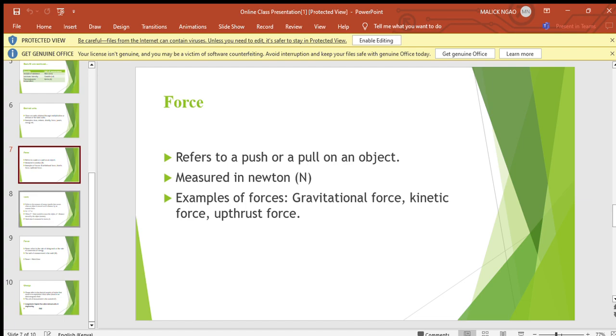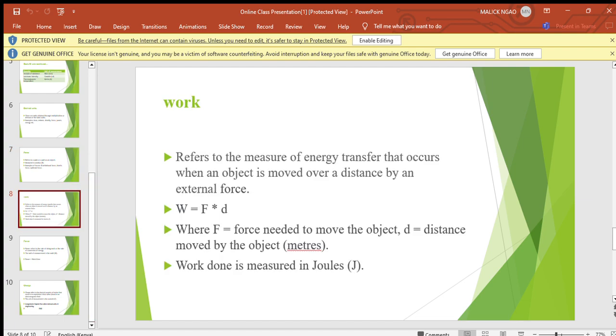Then another example of derived unit is the work. If you want to define the work, then you normally define it as the measure of energy transfer that occurs when an object is moved over a distance by an external force. So from the work we can see that we have one basic SI unit, that is the distance in meters.